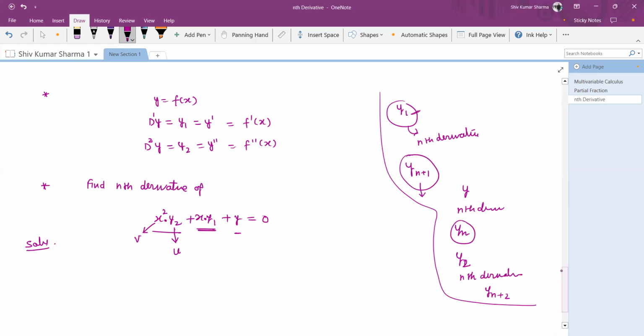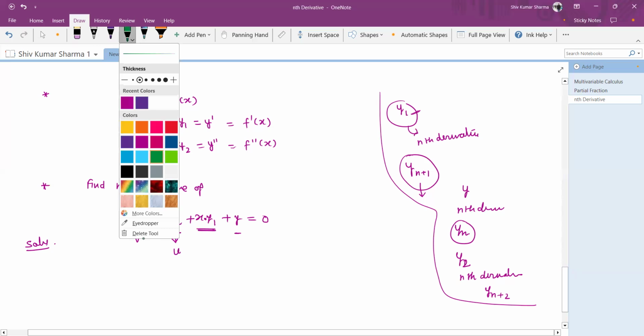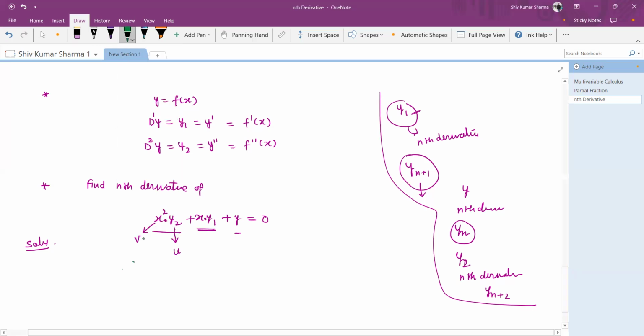So we remember the theorem. For the first term we apply the Leibniz theorem, and separately for the second term also. We differentiate n times.